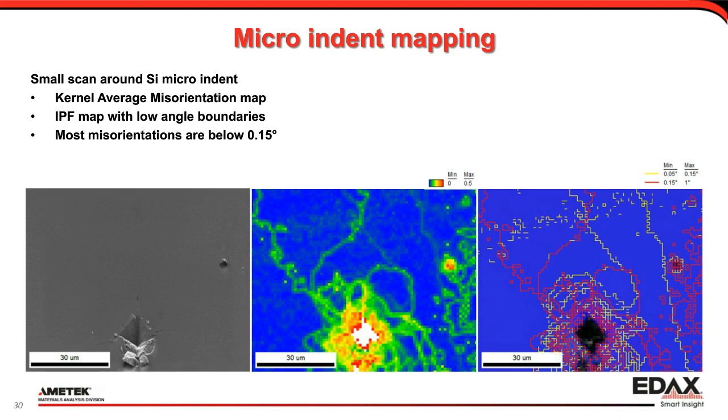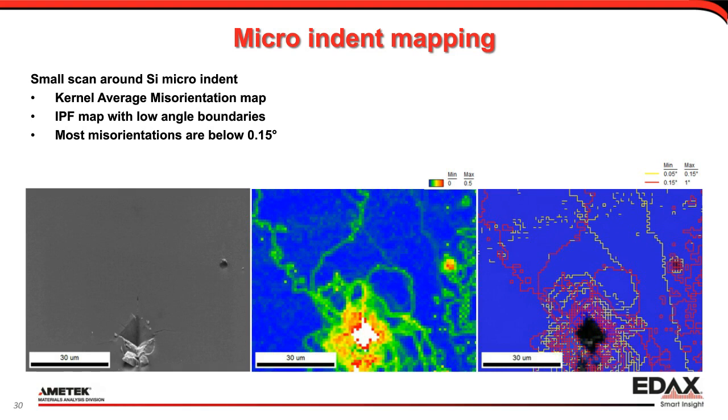These boundaries have a misorientation of about 0.07 degrees. And this was an orientation measurement just using the Hough transformation. And you can get these really nice, sharp orientation changes also because the patterns are nice and sharp.